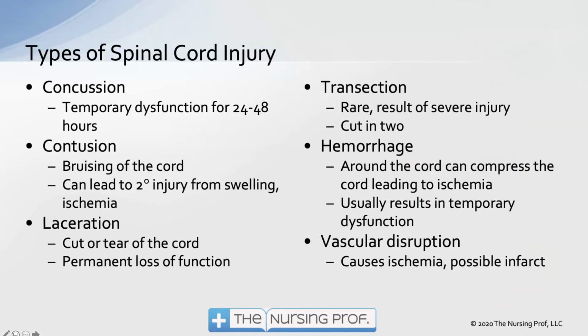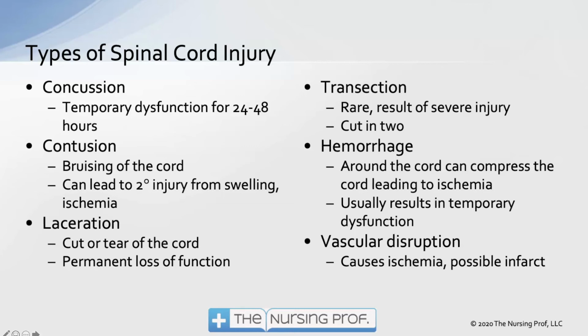So some types of spinal cord injury, we have concussion. That's like a concussion of the brain. We're going to have a temporary dysfunction for about 24 to 48 hours, and then it's going to start to resolve. That concussion may not completely resolve within that period of time, and there may still be some deficits, for example, maybe some numbness in an area, that may continue after that concussion.